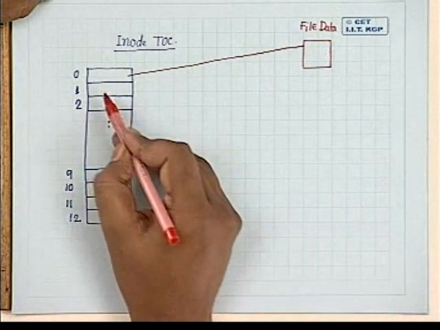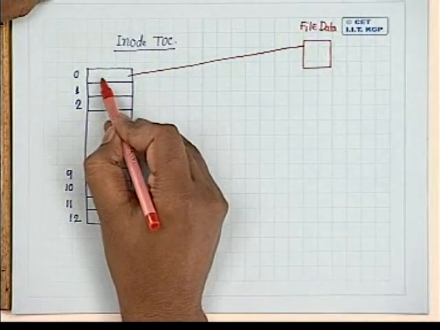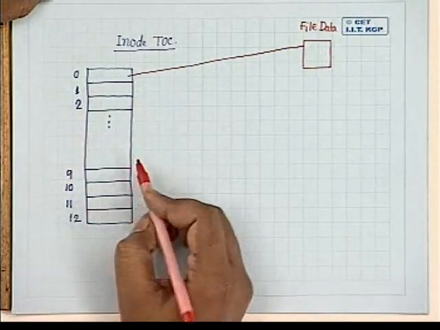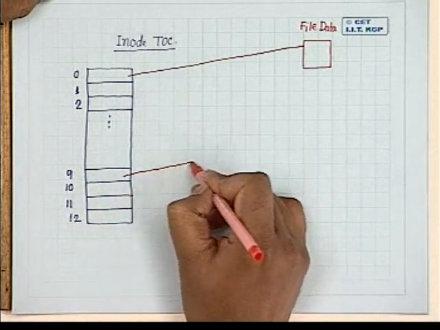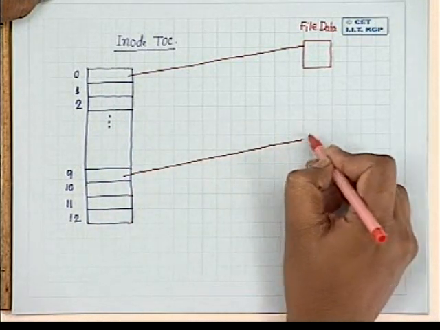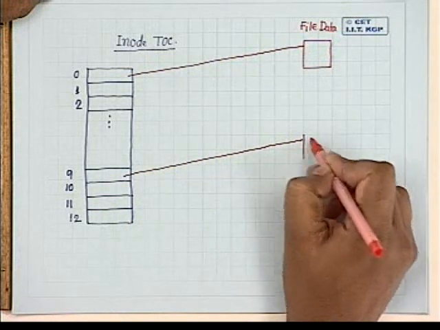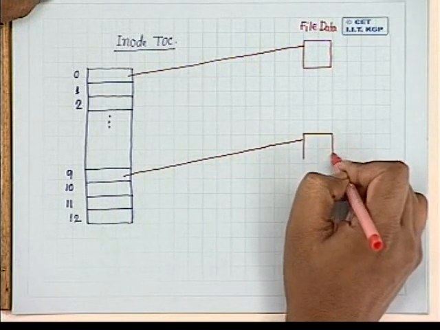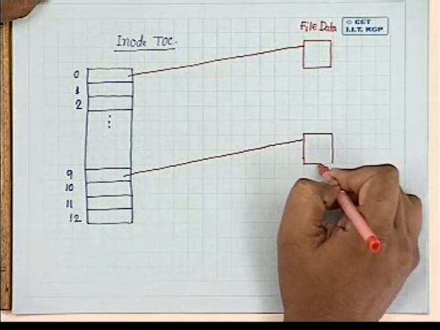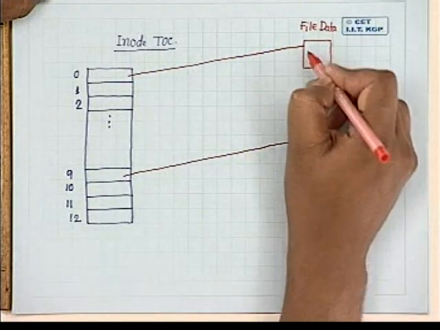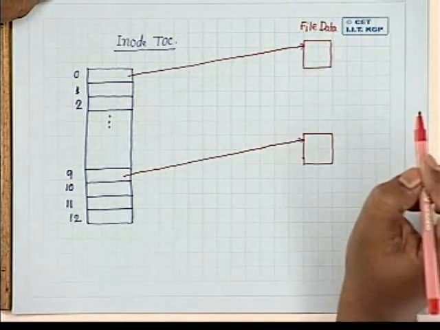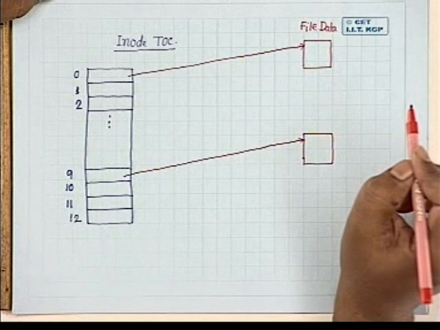So all these entries from 0 through 9, they all contain the addresses of the blocks which contain file data. That is why they are called direct pointers.